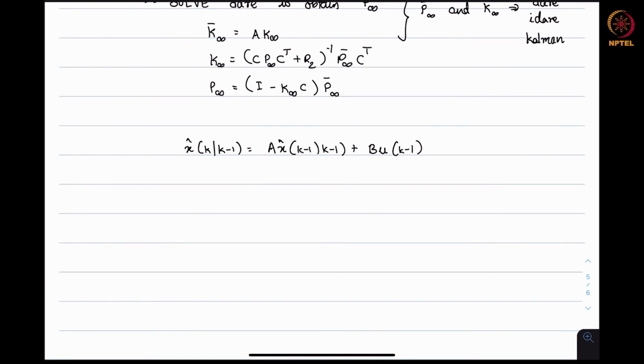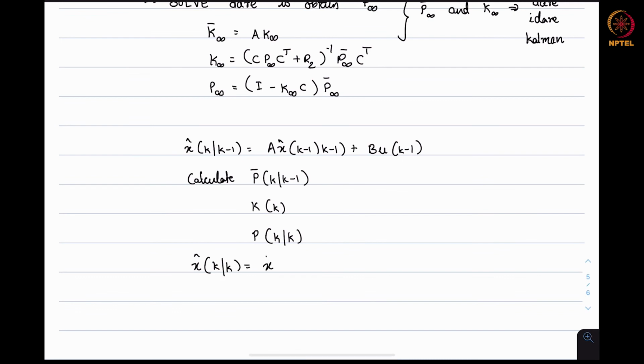Then we have the calculations: calculate P bar k given k minus 1, then calculate Kk, then calculate Pk at k, and then x hat k at k is going to be equal to x hat k at k minus 1 plus Kk multiplied by the measurement residual.